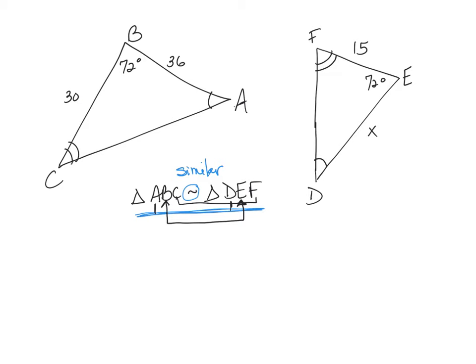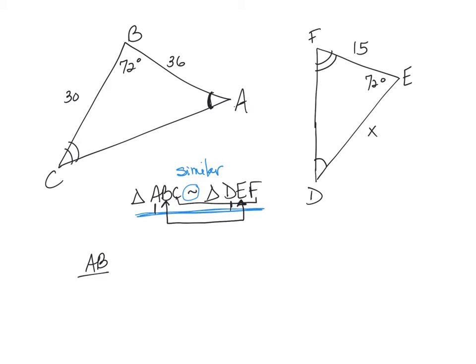Okay, now that we know what angles are congruent to which, I can now set up my proportion. Okay, so if I look at AB, AB is between the single arc angle and the 72 degrees.